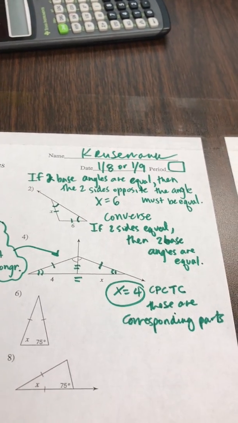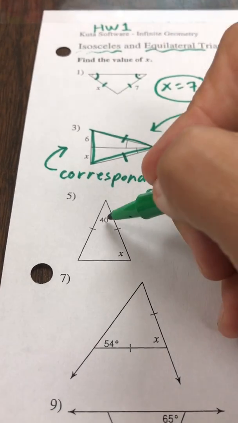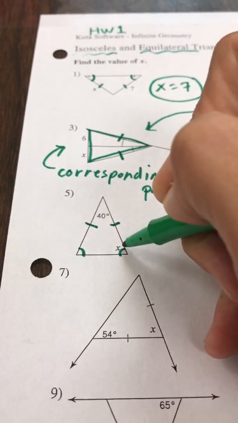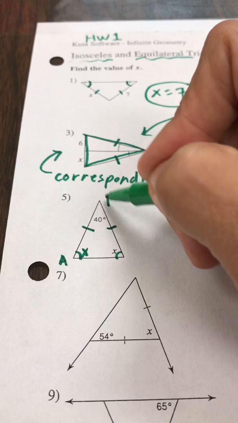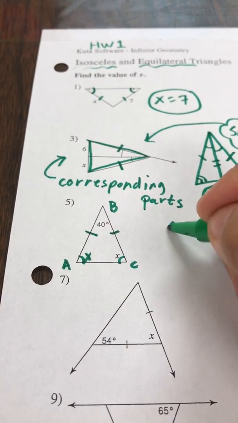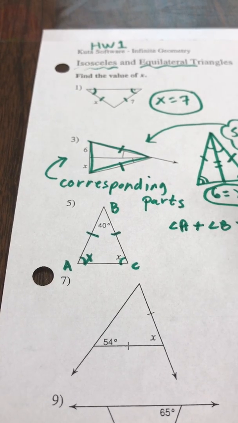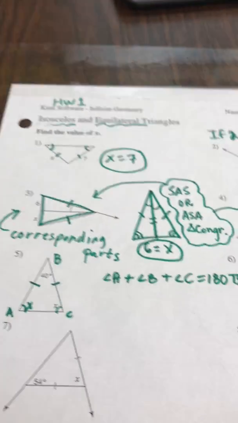Okay, sounds good. Question number 5. This is 40, so if these two sides are equal, these two angles have to be equal. So if that's x, that's x. Now I can add up all this. So I could call this triangle ABC. I know angle A plus angle B plus angle C all have to add up to 180 because of the triangle sum theorem.